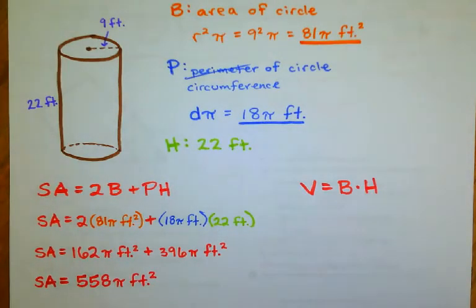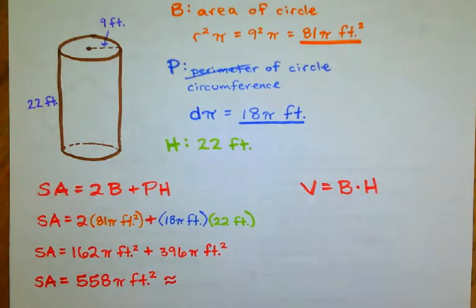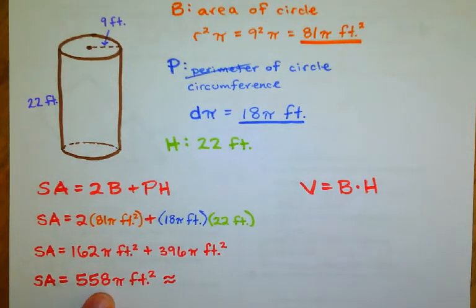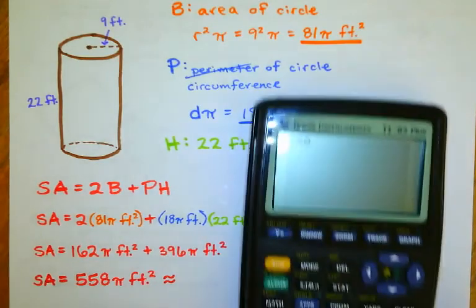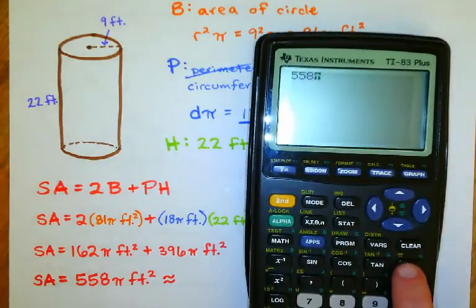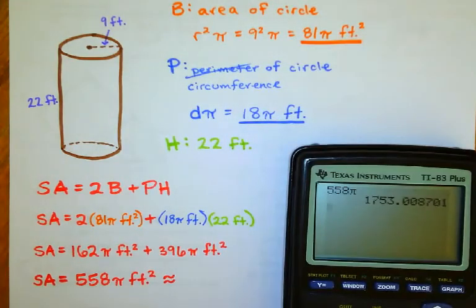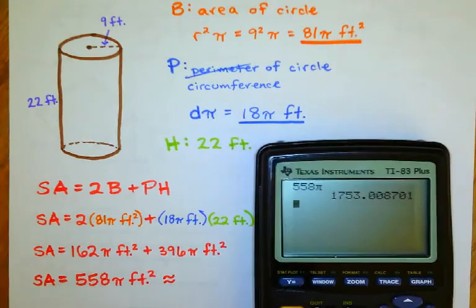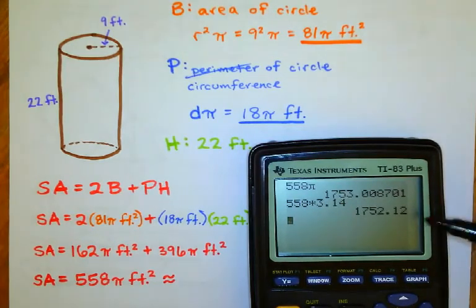If you wanted to know actually how many feet squared that is, all you need to do is plug in 3.14 for pi. Alright? So you can either take 558 times 3.14, or you could straight up plug it into your calculator and say 558, second, and then your exponent button is going to give you your pi. 558 times pi, that would be a more exact approximate than if you took it 558 times 3.14. See how they're a little different?